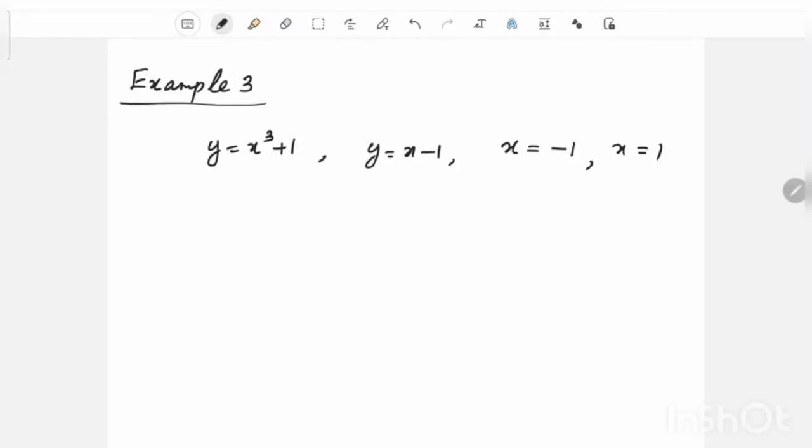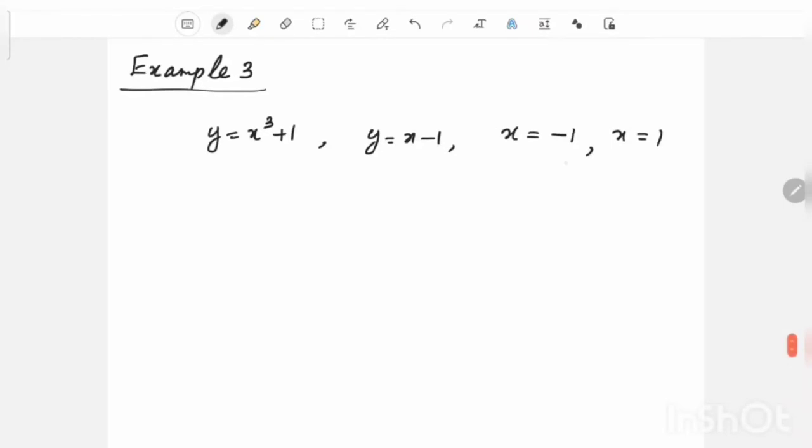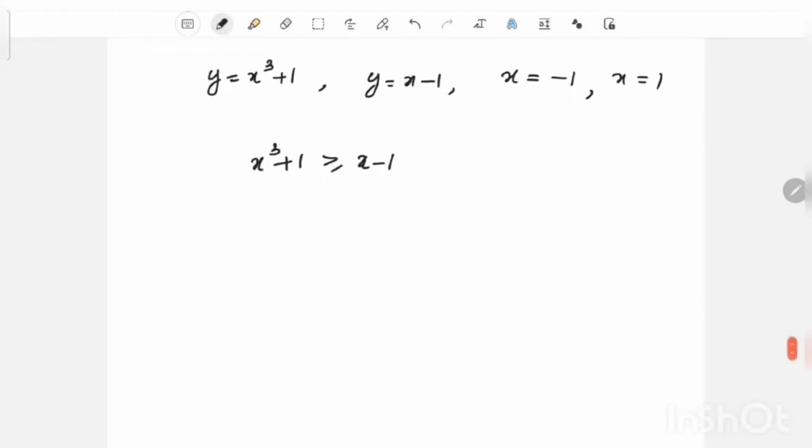And here we know that from minus 1 to 1, x cube plus 1 lies entirely above x minus 1. So we can take f of x equal to x cube plus 1 and g of x equal to x minus 1.